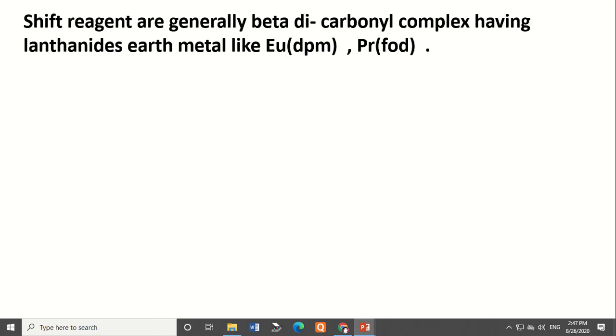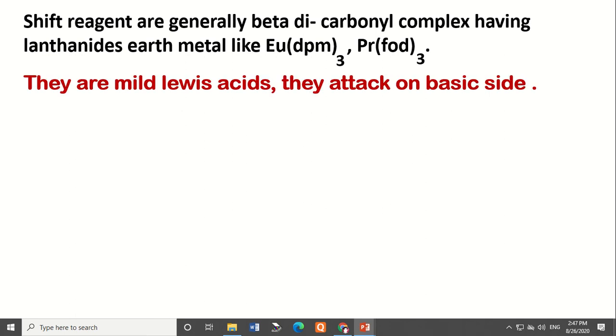Friends, generally europium beta dicarbonyl complexes or praseodymium beta dicarbonyl compounds are used as shift reagents, because europium and praseodymium easily form complexes with hetero atoms. They act as a mild Lewis acid and easily attack the basic site.